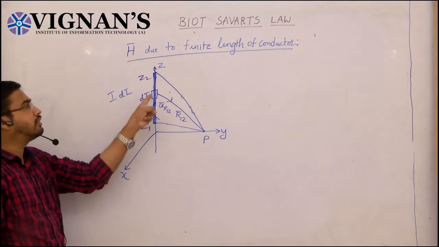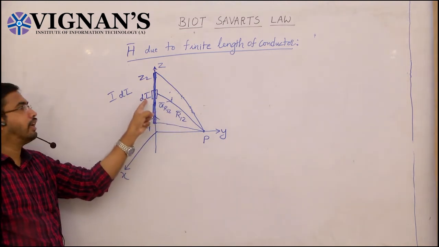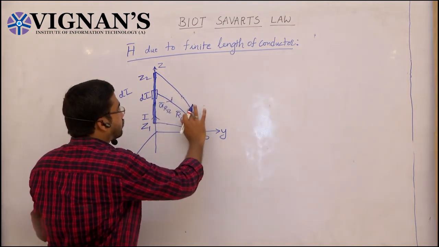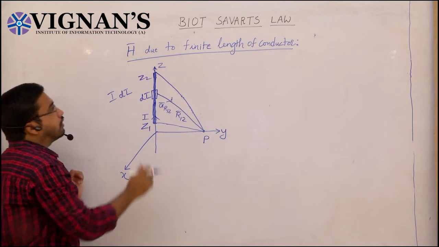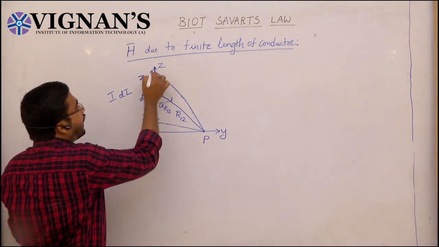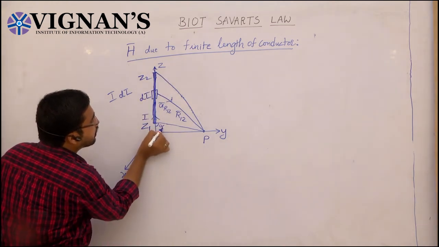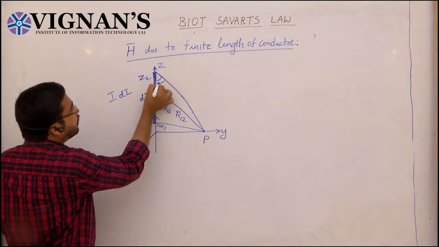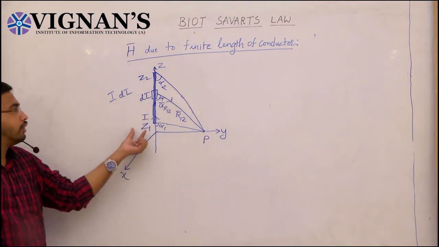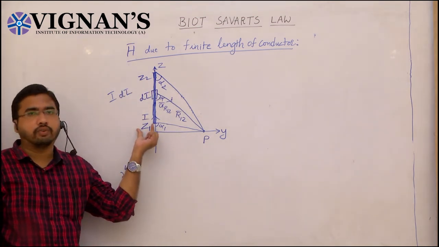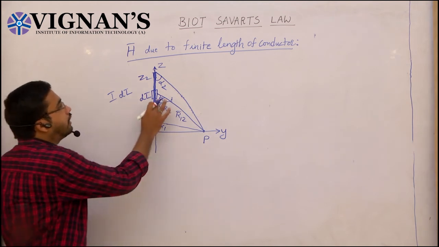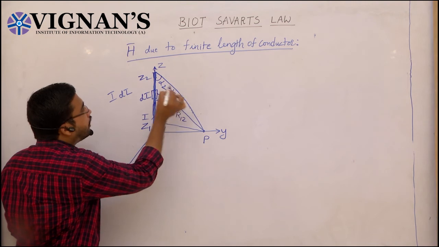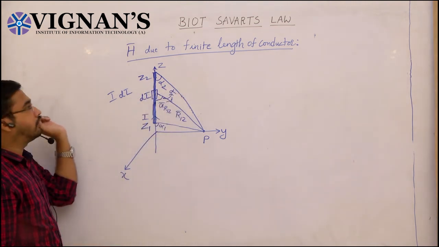Here our main consideration is this center line only, from dl bar to this point P. So let us mark the angles. Here the angle is alpha 1, here the angle is alpha, and here the angle is alpha 2. Towards your first finite length value z1, take it as alpha 1, and at the differential length you mark this angle as alpha, and here you take it as alpha 2.